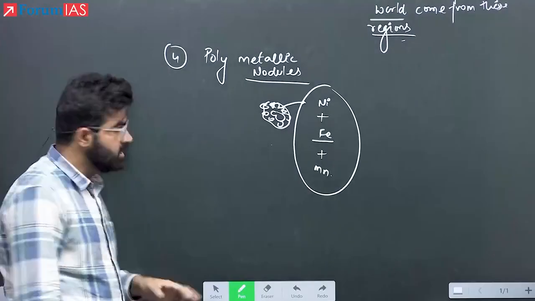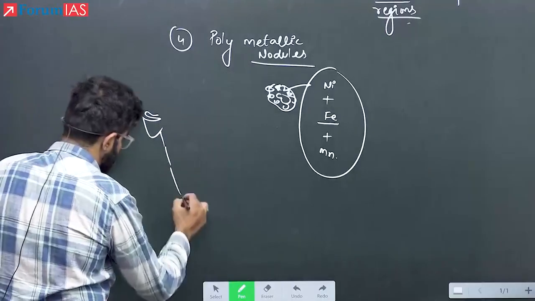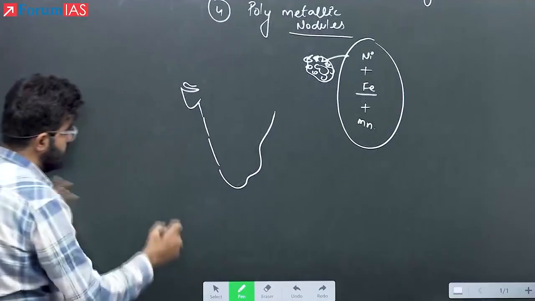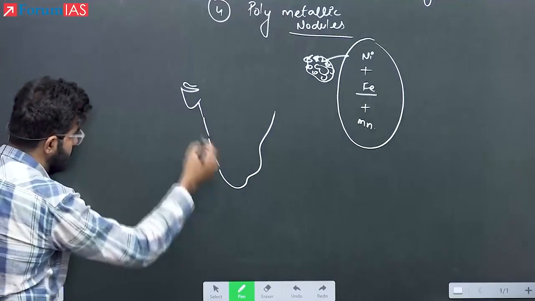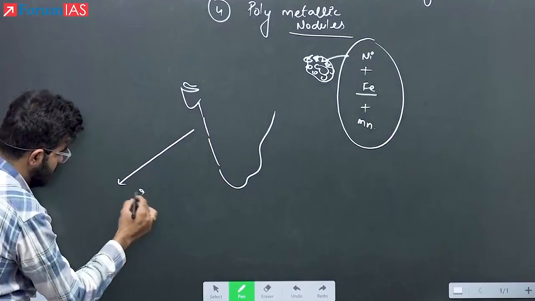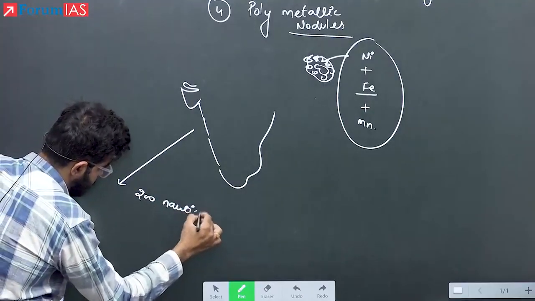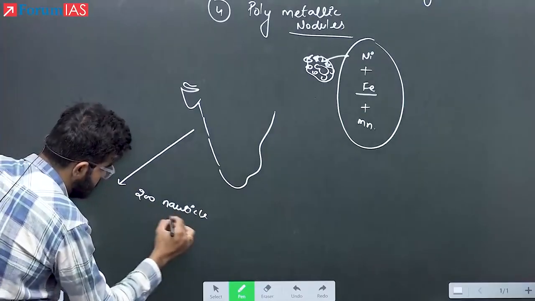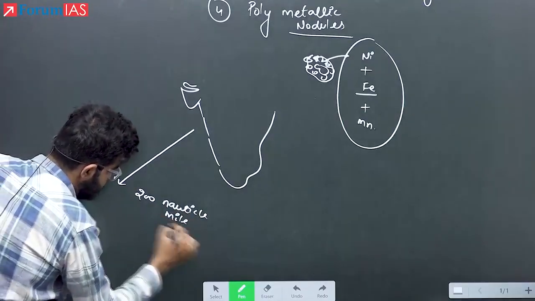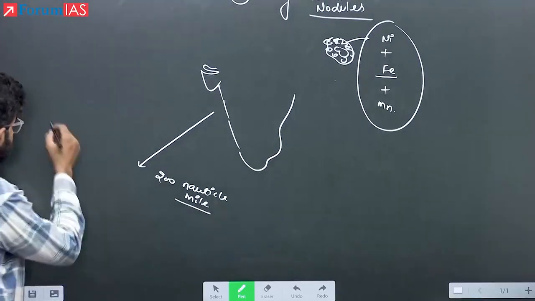Yes or no? Yes. So, for example, let's say we have this, our continental area, this coastal area. From here onwards, India can go for 200 nautical miles. This is the area from the base point in the oceanic system. You will learn about this in the future.